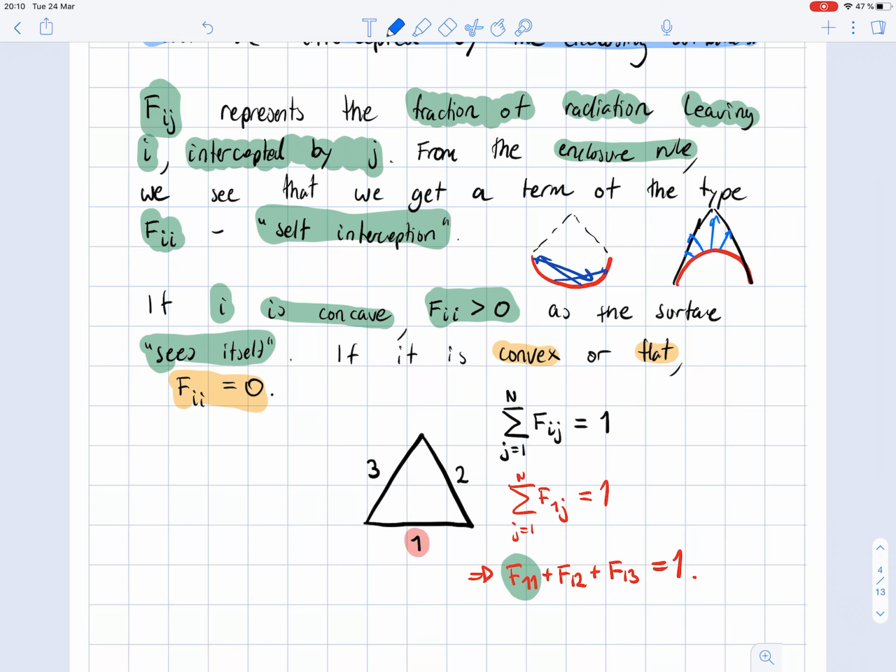Neither will a flat surface as we have in this sketch. So in that case, the self-interception, or the view factor with identical indices, equals 0. That gives us some additional information that we in principle can then use to determine F12 and F13 if we need to do so.